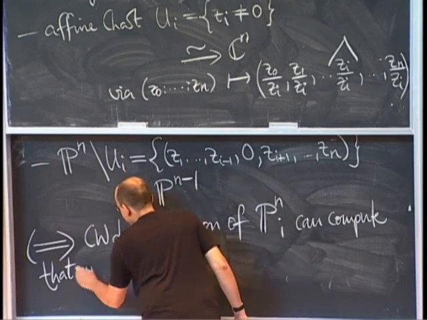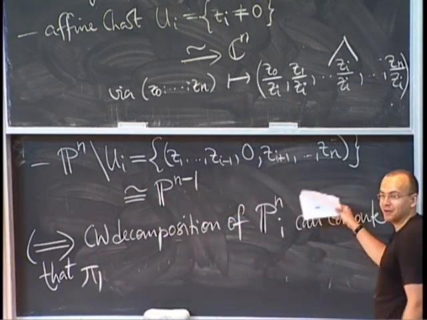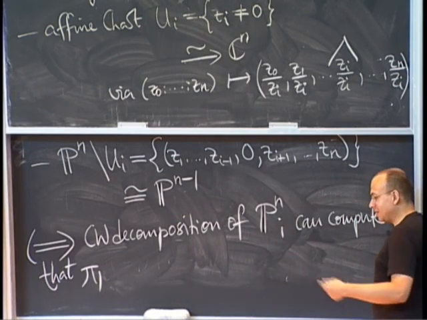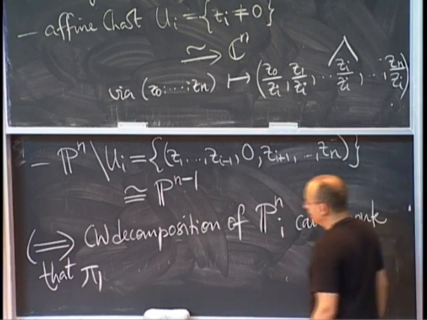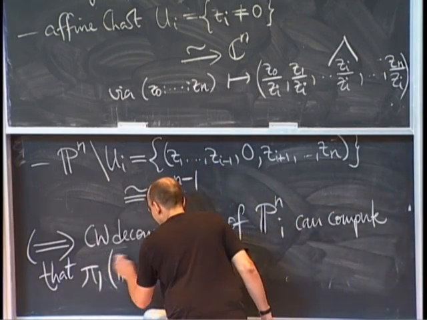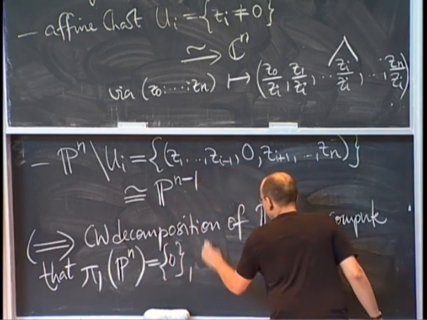So, for example, projective space is simply connected in every dimension. If you have this picture, that's an application of Van Kampen's theorem, inductively. Pi1 of Pn is 0.